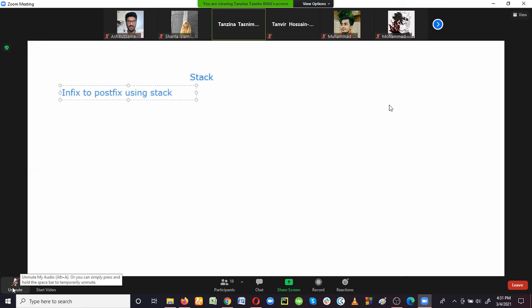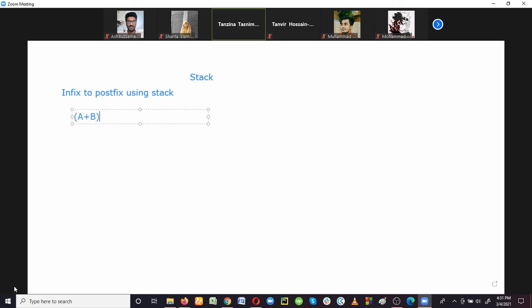So at first we can take an expression in infix notation. Suppose our expression is a plus b, after that multiplication, then c, and then minus d division e, and then multiplication.